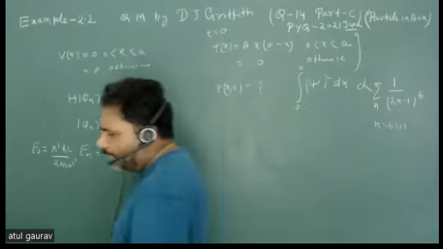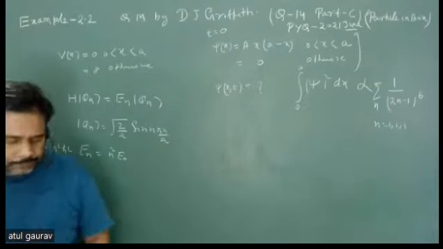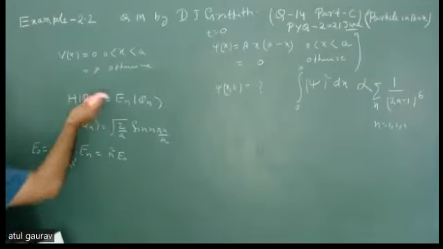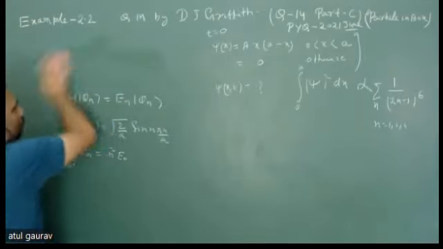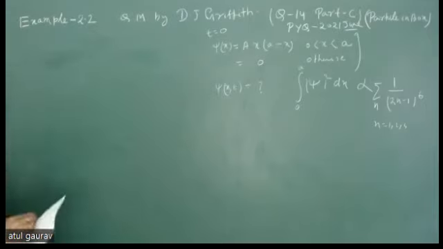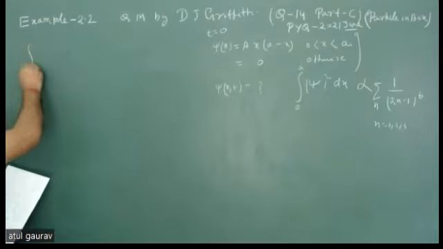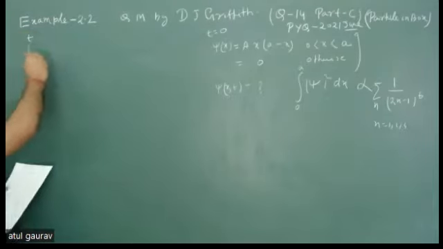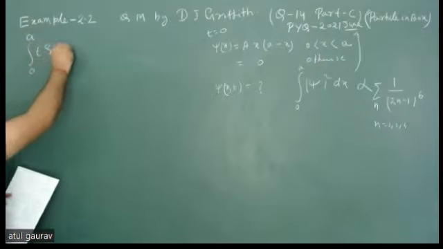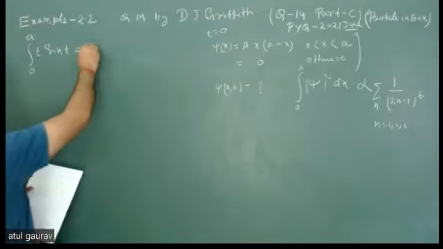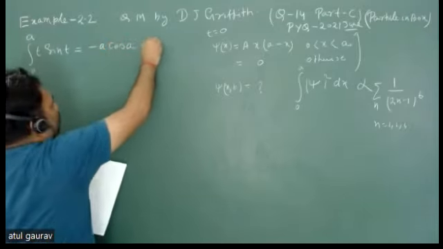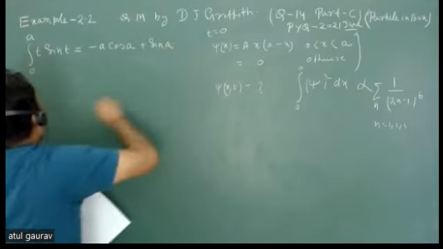We also have to use some formulas. What is the main formula we have to use? I am using this space to write the formulas. It is given in the examination that the integral from 0 to a of t sine t is minus a cos a plus sine a. This is our first formula.